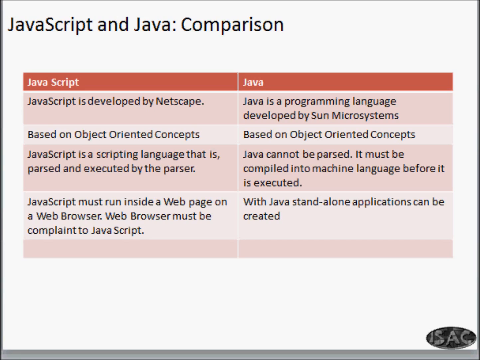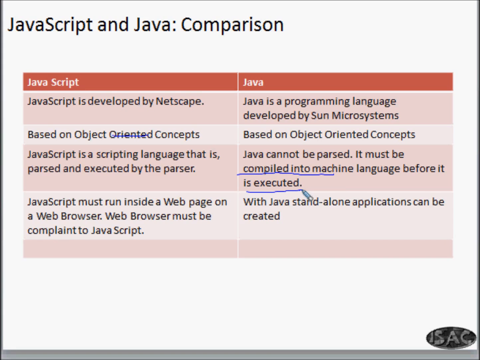JavaScript is a scripting language that is parsed and executed by the parser, but Java you first have to compile and then execute. So Java is compiled and interpreted, while JavaScript is interpreted by the browser, which has a parser for that.